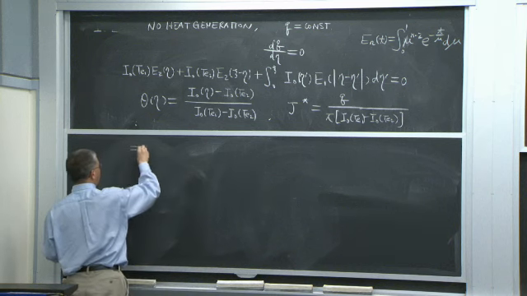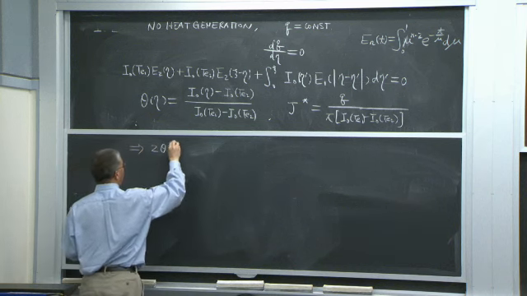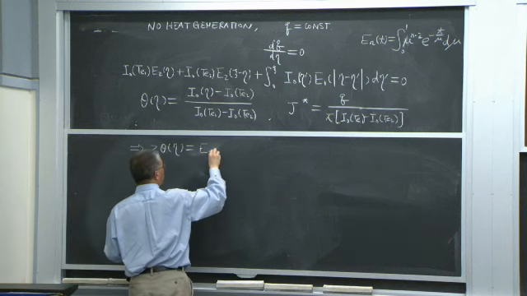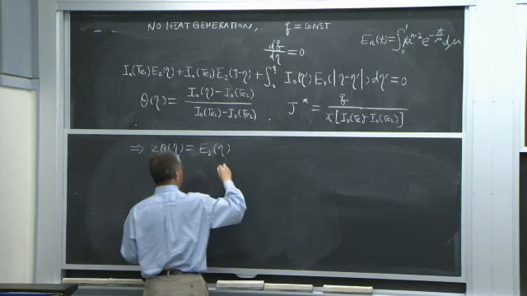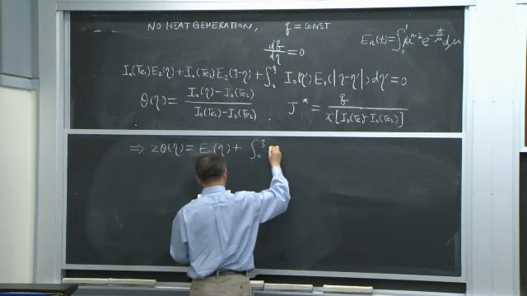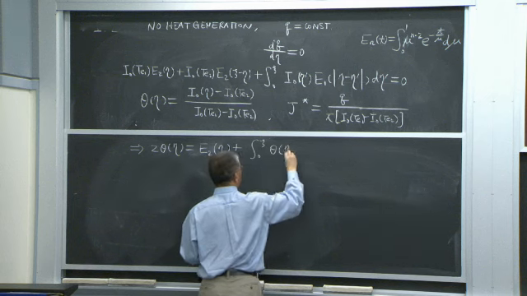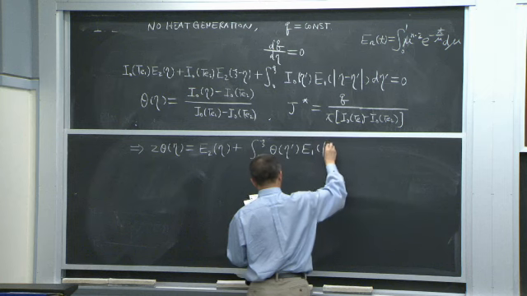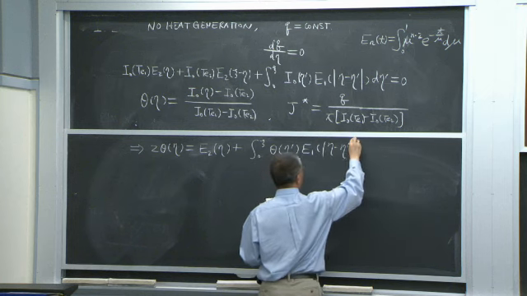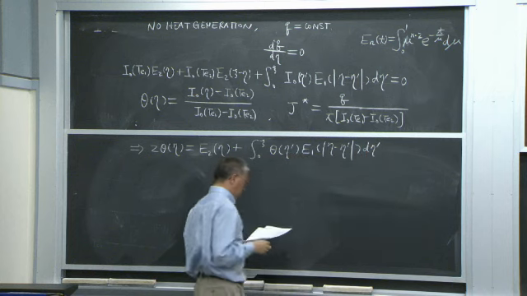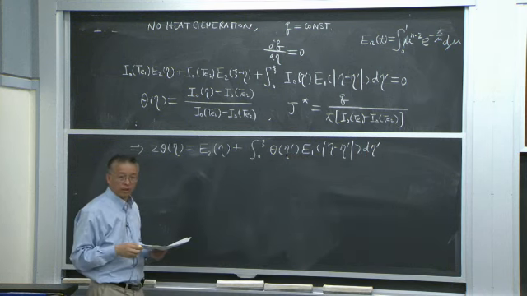This is what you have: 2 theta eta equals E2 eta plus the integral from 0 to cosine of theta eta prime times E1 of absolute value eta minus eta prime, d eta prime. So this is the integral equation.